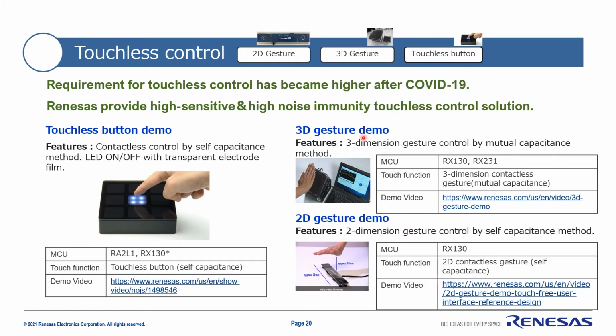The 3D gesture demo is based on a mutual capacitance design. And here, it's really to detect the gesture of the hand. The 2D demo is based on a self-capacitance design. All these demos are available as reference designs, and all documentation is available on our website.